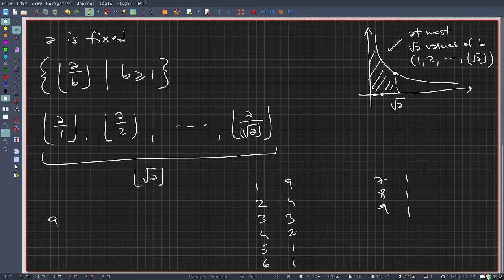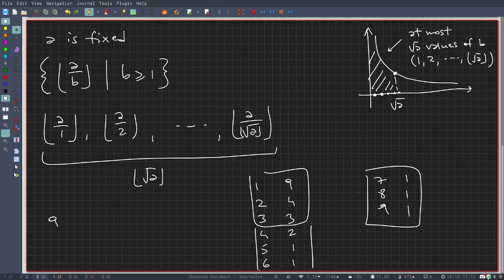You see that here you have 3 values, and then all the values here are less than 3. So they are not really all the same, but still they are fewer than square root of A. So that's fine. And there are a lot of equal values, of course, which in this case are equal to 1.